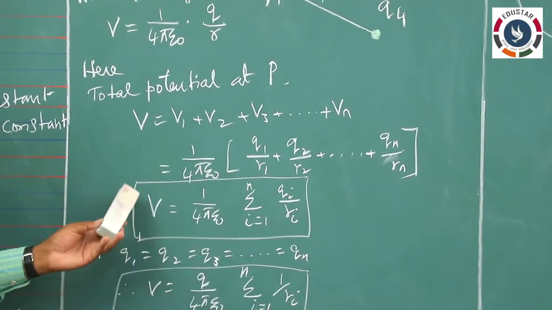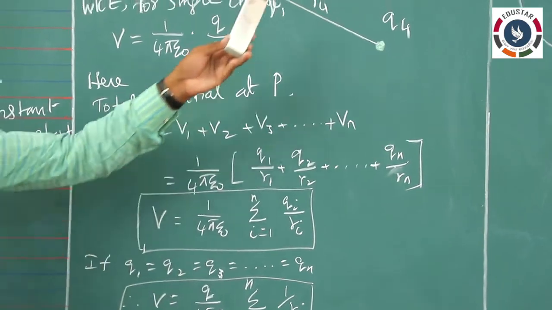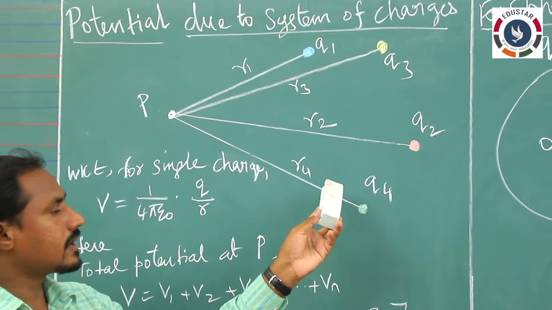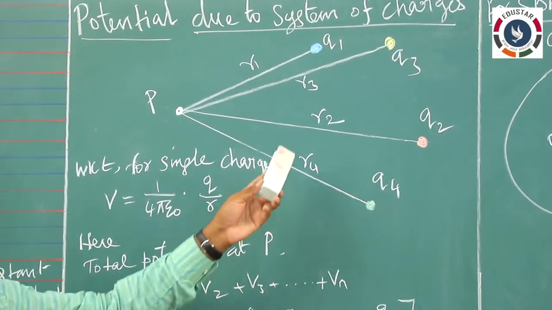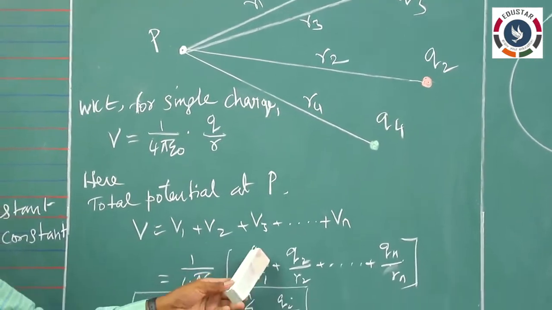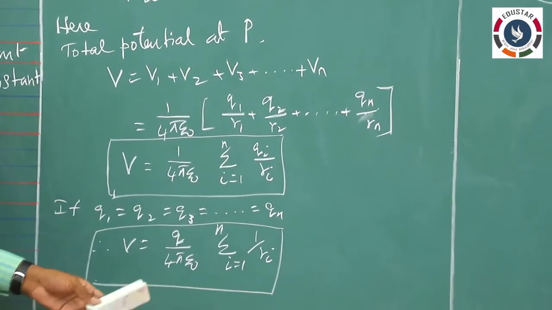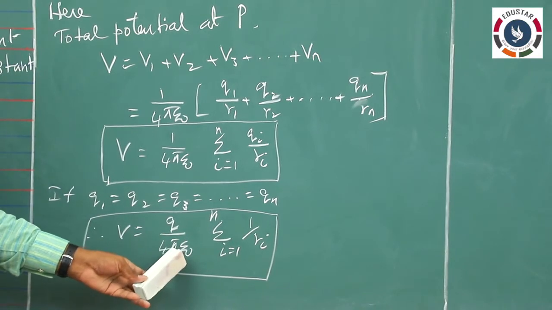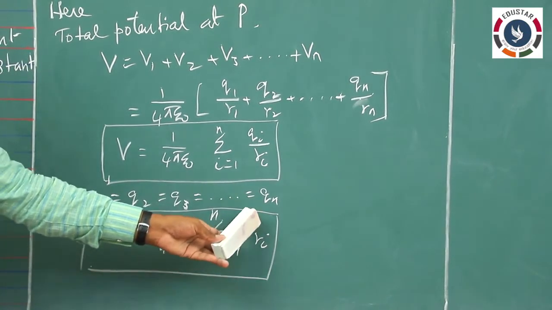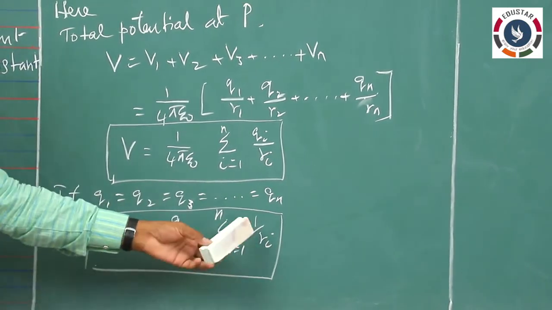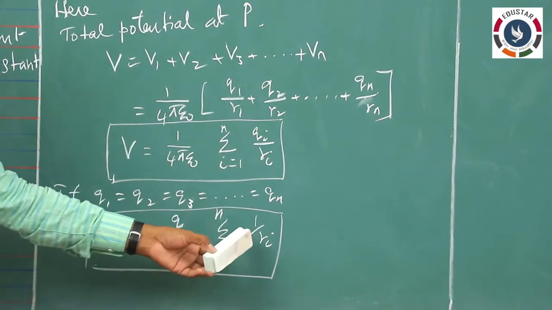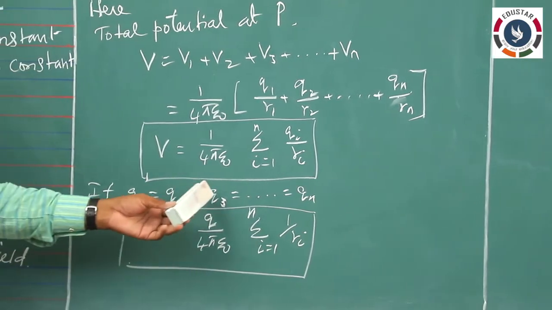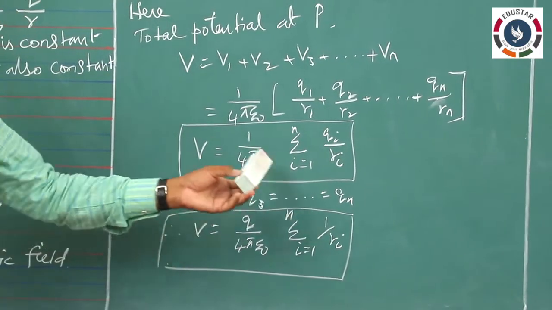This is for dissimilar charges, so Q1, Q2 are different charges. If all charges are similar and equal, Q will be the same and we can take Q outside. Then V equals Q by 4 pi epsilon naught times the summation of 1 by Ri, i from 1 to n.